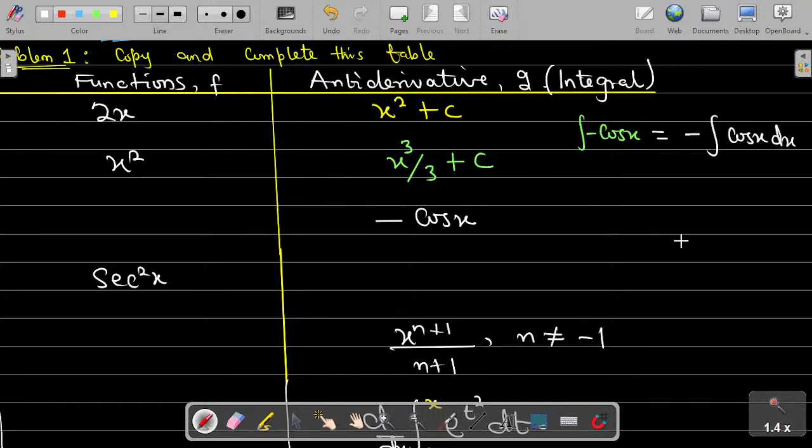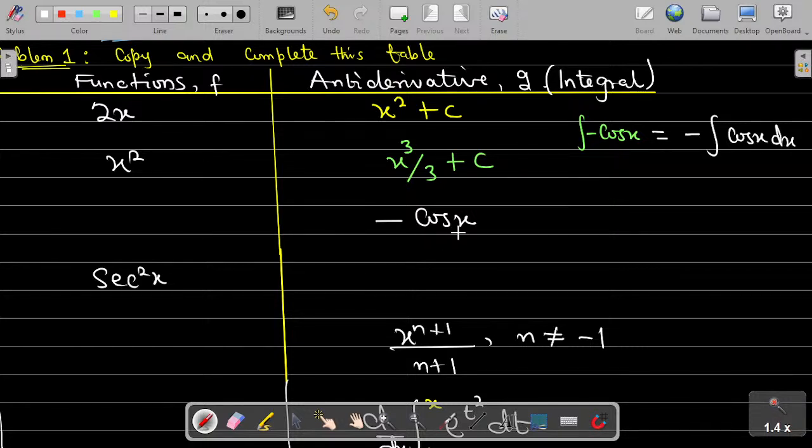Okay, now look at what we are saying. Now I have minus cos x. So what is the function that was differentiated? This is antiderivative. In other words, this is integral. So we are looking for the function whose integral is this.